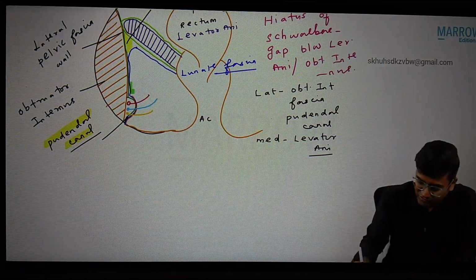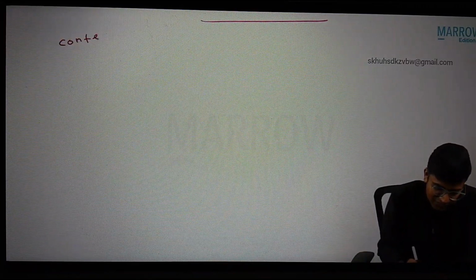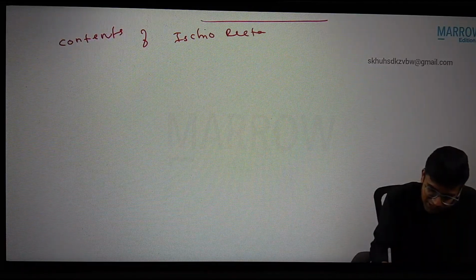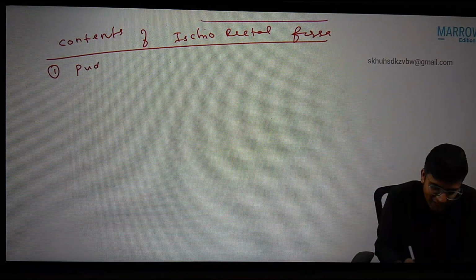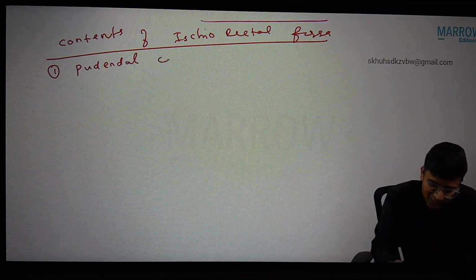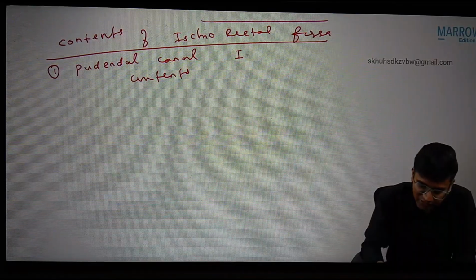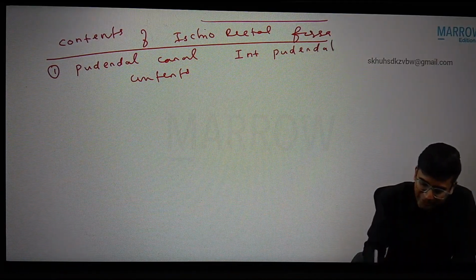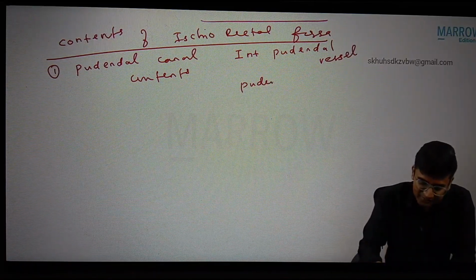So the contents of the ischiorectal fossa, please write. Number one, pudendal canal contents: the internal pudendal artery, internal pudendal vessels, and pudendal nerve.